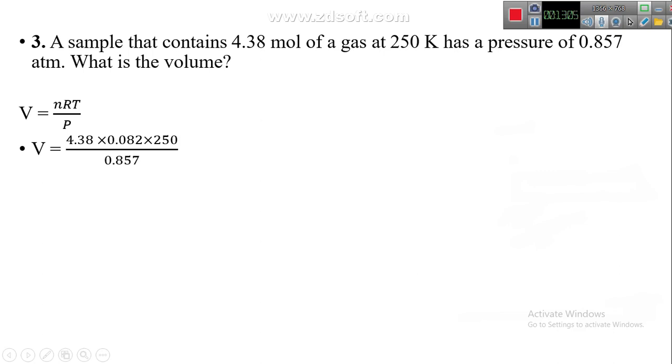This is the R value, and the temperature in Kelvin is 250 Kelvin, and the pressure is 0.857. By dividing, you can get the value of volume, which is equal to 104.77 liter.